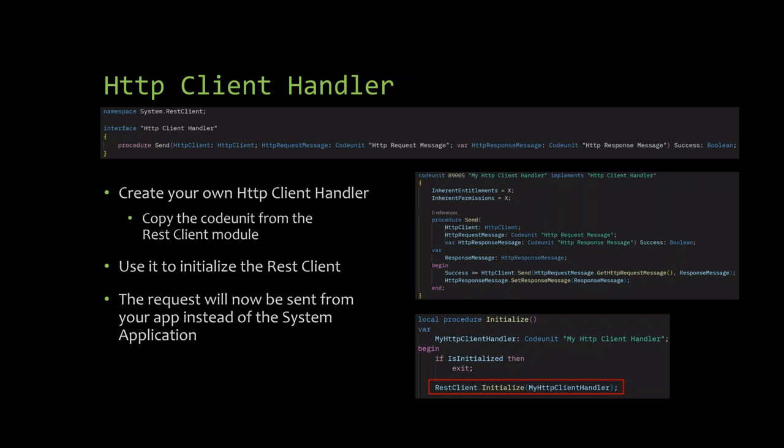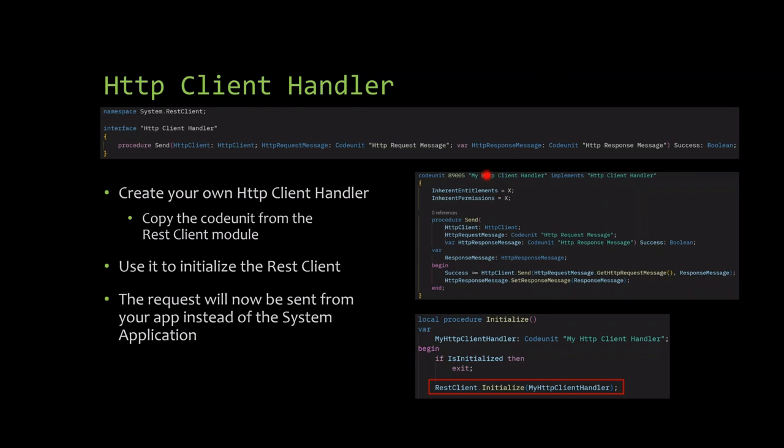It is an interface, part of the REST client module, and it has only one function. The one function is send, and the function send gives you the HTTP client and the HTTP request message, and it expects a response message as a return. And what you need to do is to create your own HTTP client handler.